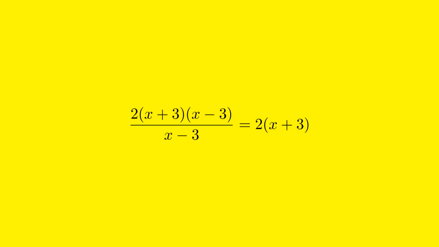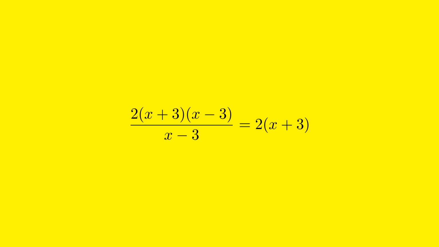Step 2. Now that we've simplified the numerator to 2 times (x² − 9), divided by (x − 3), we need to see if x² − 9 can be factored further. Notice that x² − 9 is a difference of squares.